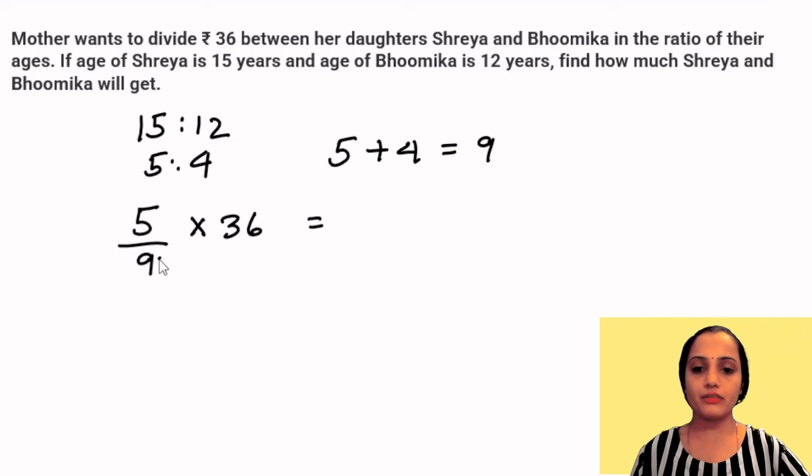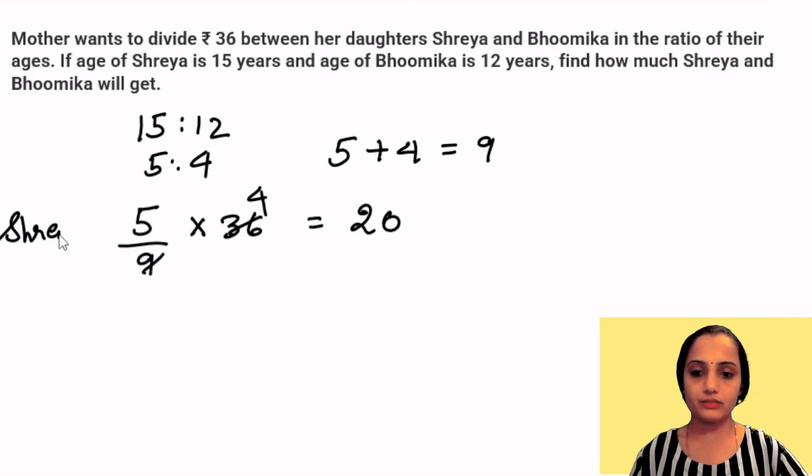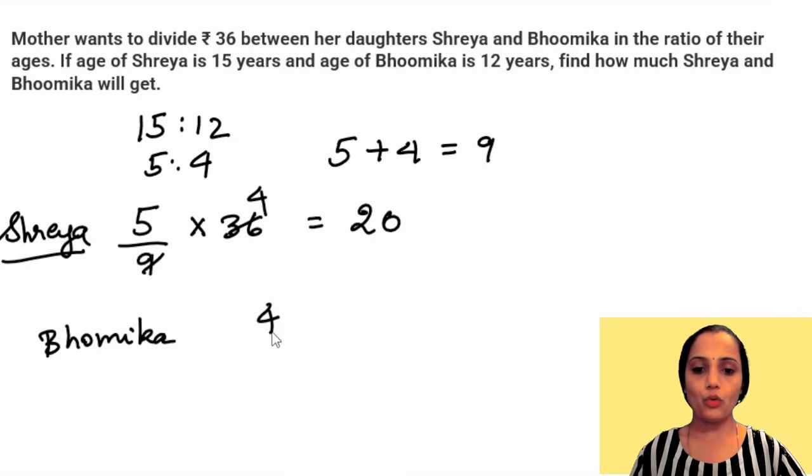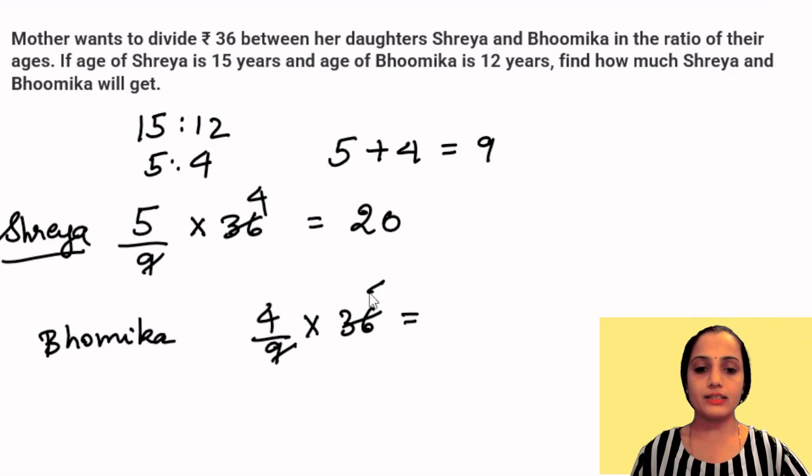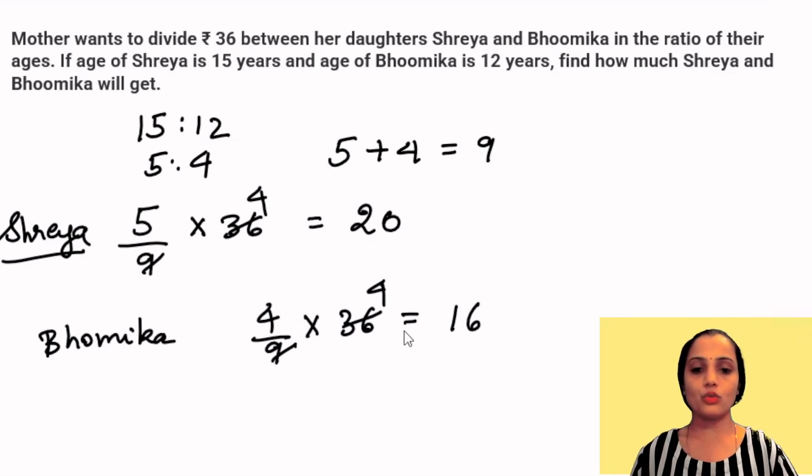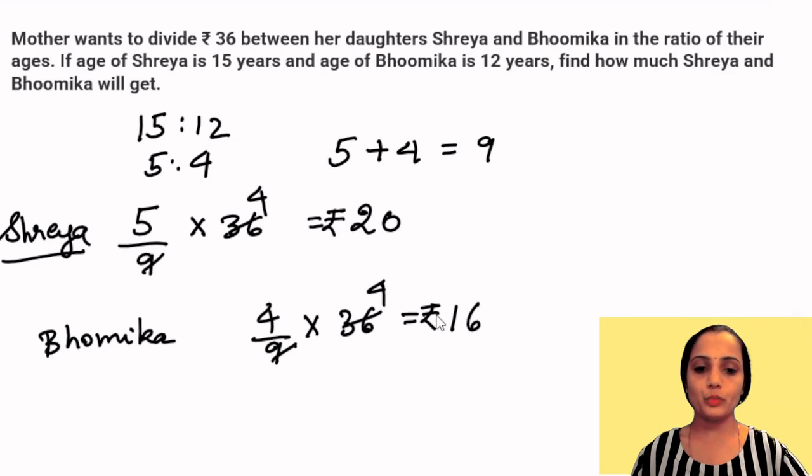This gives us 20. So we directly get the answer that Shreya gets 20 rupees. In the case of Bhumika, the same way, 4 by 9, 4 portions of the total 9, of 36 rupees gives us 16 rupees. So Shreya gets 20 rupees and Bhumika gets 16 rupees.